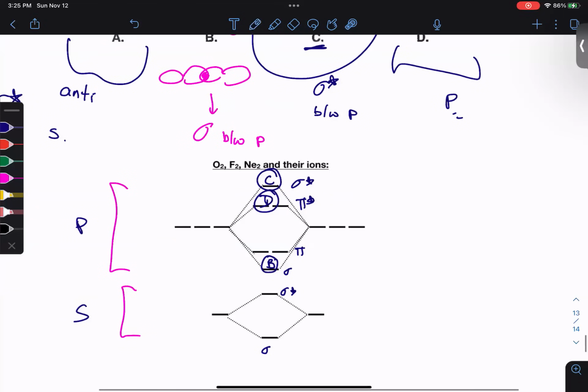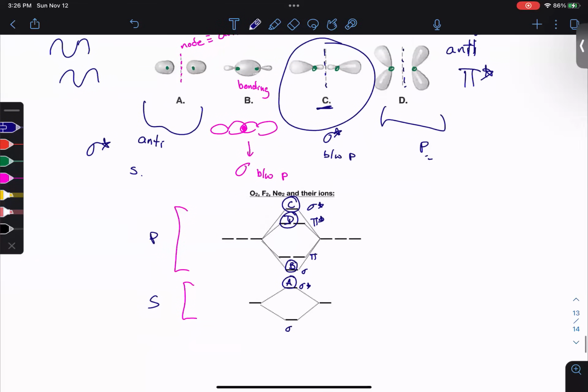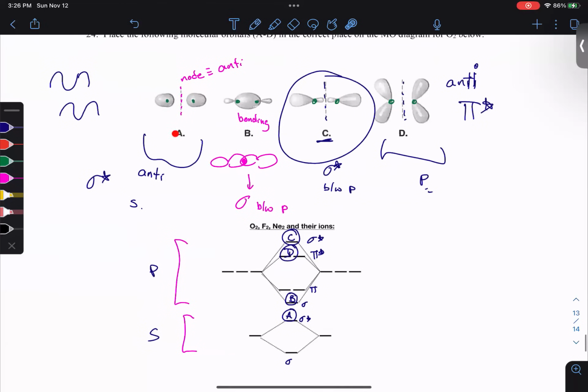So it is not the top one, it's the bottom s interactions, and that is A. It's interesting that both A and C are sigma star interactions. But in A, the parents are s atomic orbitals, and in C, the parents are p atomic orbitals. We have two choices of sigma stars, between p interactions or s interactions, so you need to make sure you pick the right one.